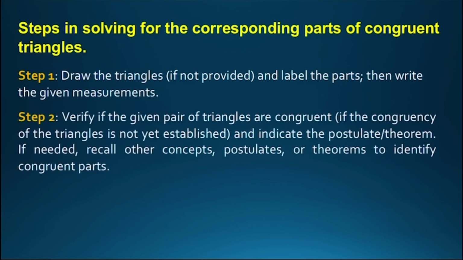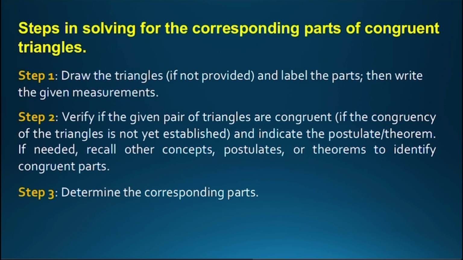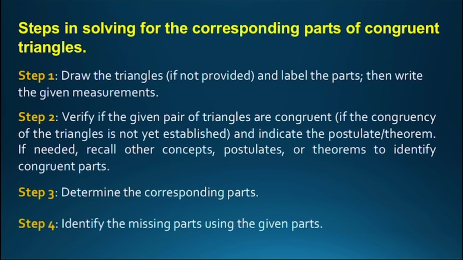For step 2, verify if the given pair of triangles are congruent, if the congruency of the triangle is not yet established, and indicate the postulate or theorem. If needed, recall other concepts, postulates, or theorems to identify congruent parts. For step 3, determine the corresponding parts. And for step 4, identify the missing parts using the given parts.